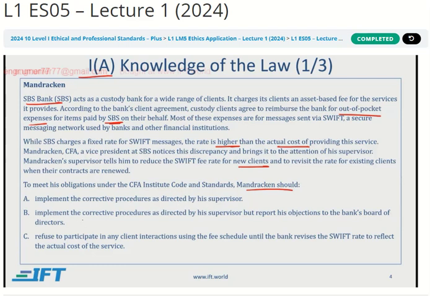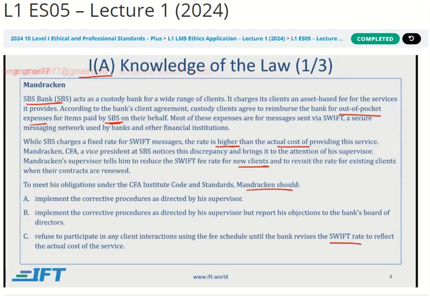B. Implement the corrective procedures as directed by his supervisor, but report his objections to the bank's board of directors. And C. Refuse to participate in any client interactions using the fee schedule until the bank revises the SWIFT rate to reflect the actual cost of the service. So these are the three options. Think about which one is best.